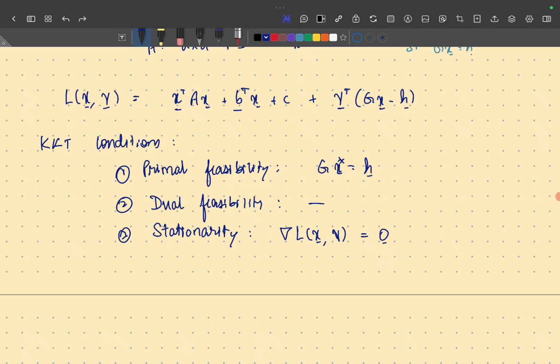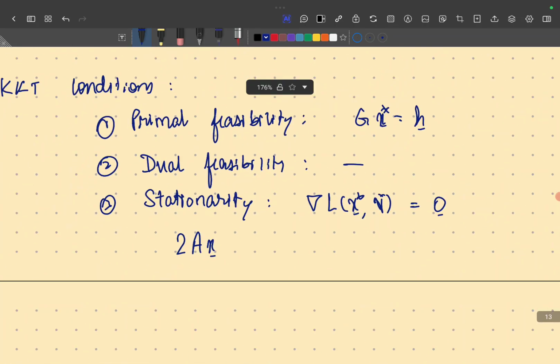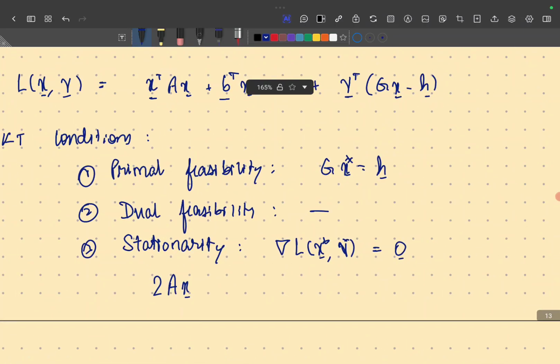Yeah, 2Ax. Again, A is a symmetric positive definite matrix, so A plus A transpose is the same as 2A. So 2Ax plus b.